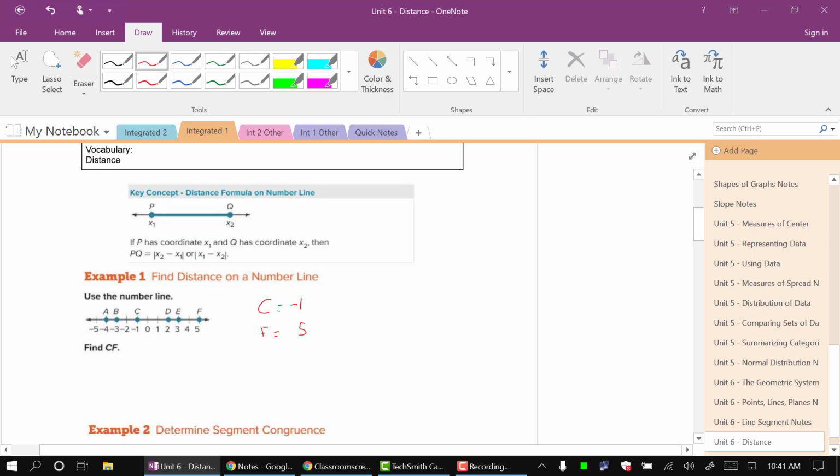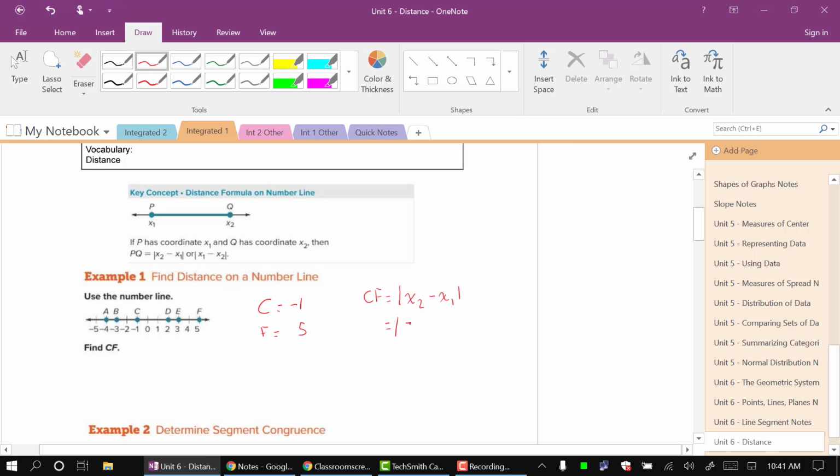So using this idea that we have, CF equals the absolute value of x2 minus x1. So x2 is going to be my 5, x1 is going to be my -1.